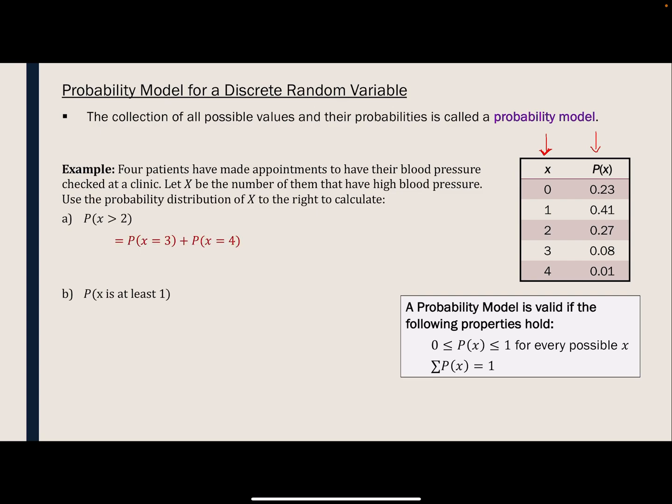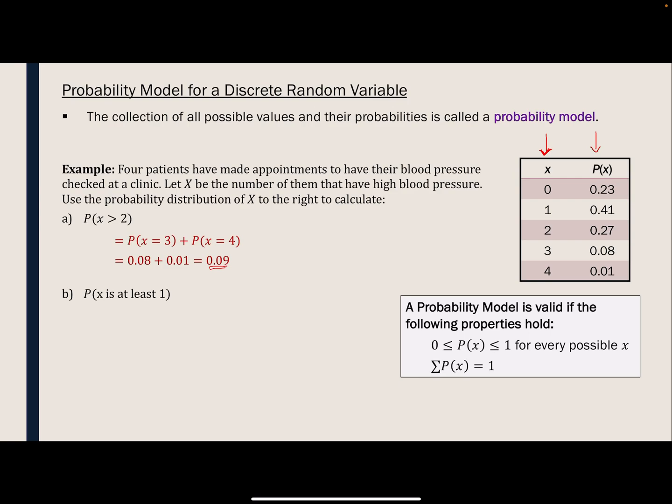So the probability of more than 2 in this case would be the probability that X equals 3, or, so I'm adding, the probability that X equals 4. And then we're literally just adding those probabilities together. The probability that there are 3 patients with high blood pressure is 0.08, and the probability that all 4 patients have high blood pressure is 0.01. We add those together to get our answer, 0.09.